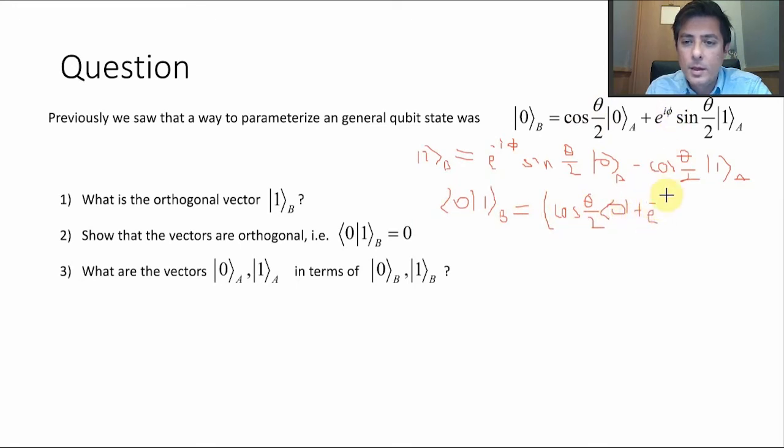So notice I need to do the minus of the e to the i phi here because I'm taking the conjugate vector. And then I just have to copy this one here.